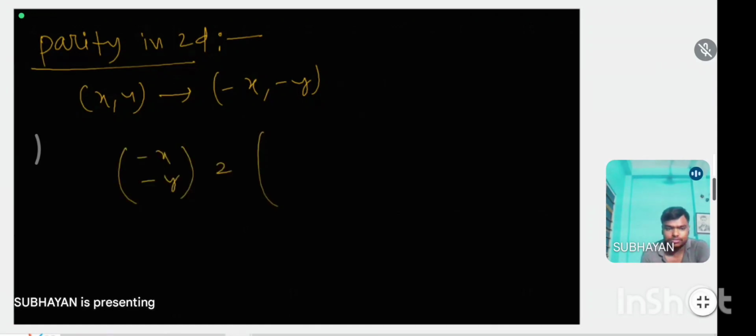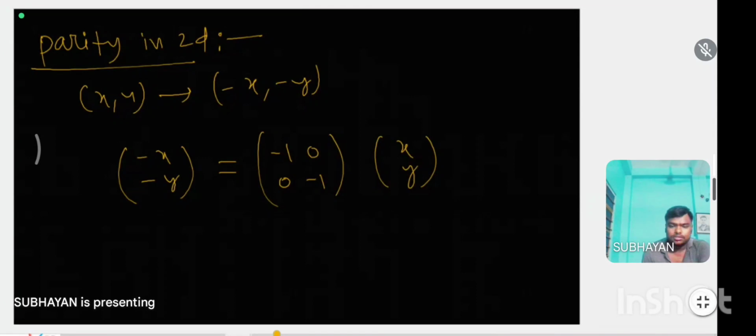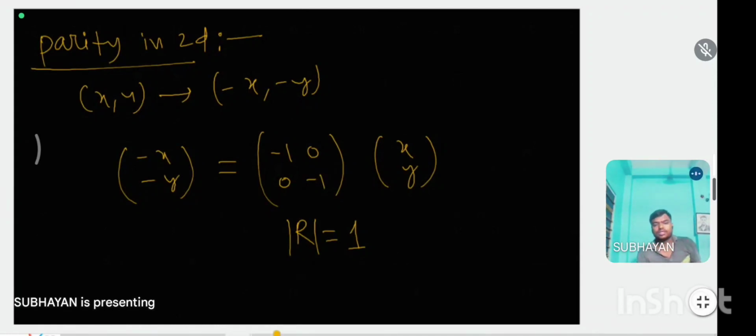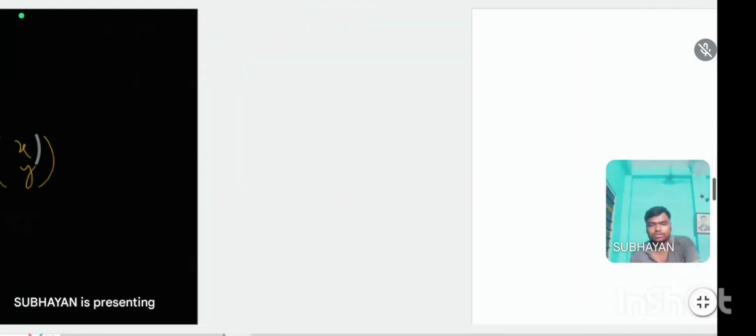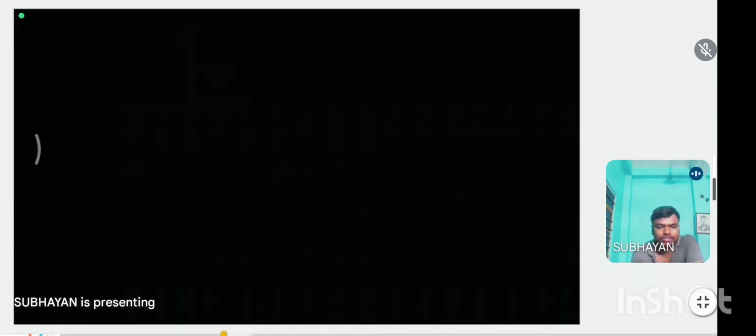So you have -x, -y equals to the matrix -1 0, 0 -1. So here the determinant is 1. So parity in 2D is proper rotation. In 3D it is improper, but in 2D parity is proper. Okay, so these are the primary introduction to the rotational symmetry.